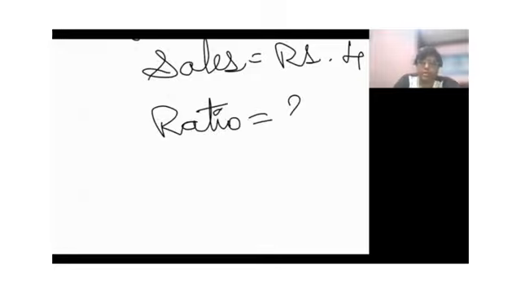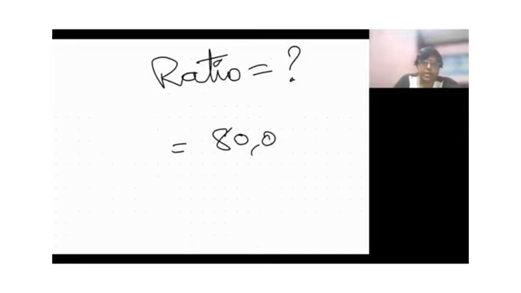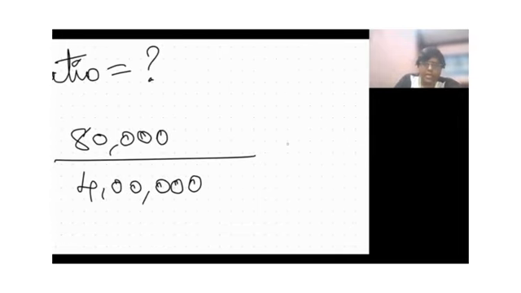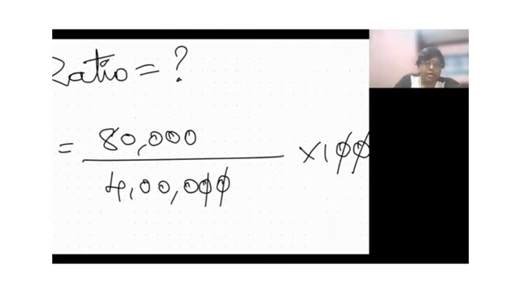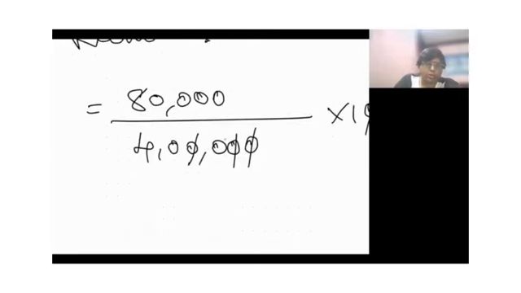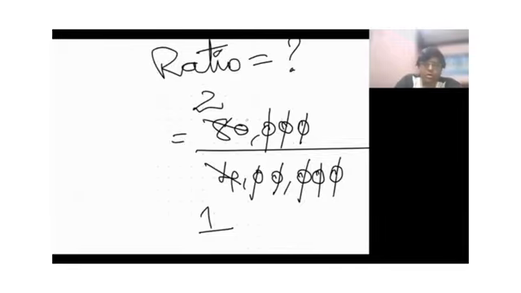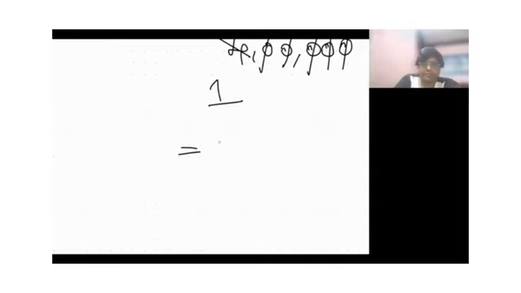We have to find out the ratio. So like before, after the formula, 80,000 divided by 4 lakhs into 100. So we will be cancelling the zeros and 4 table, 4 comes 1 time and 8 comes 2 times and add a 0. So it will be 20%.